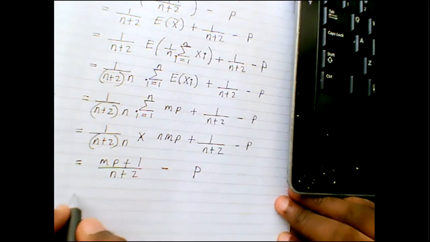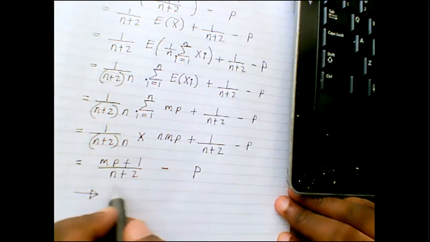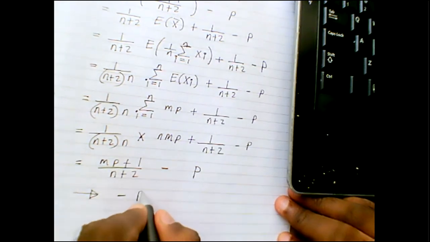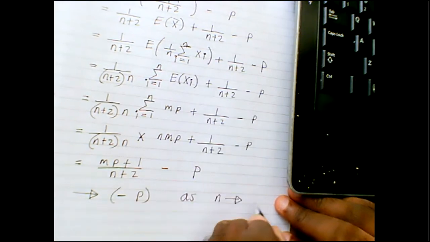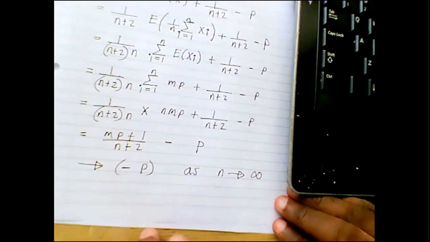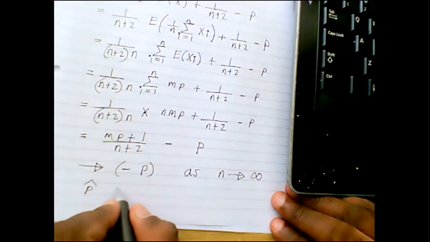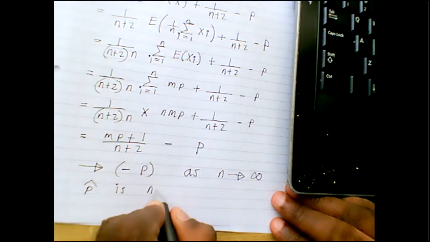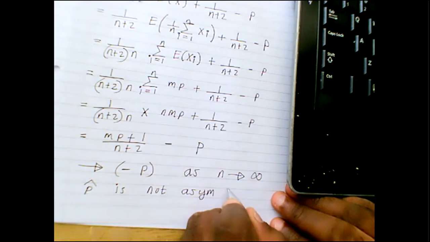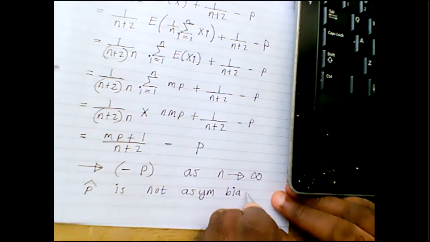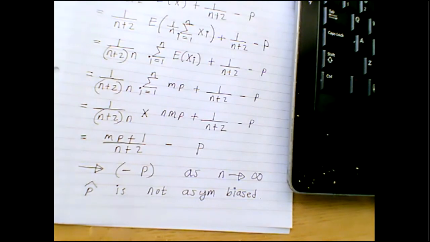As n goes to infinity, this goes to 0, and this goes to minus p. So what you can see is that p hat is biased, and is also not asymptotically unbiased.